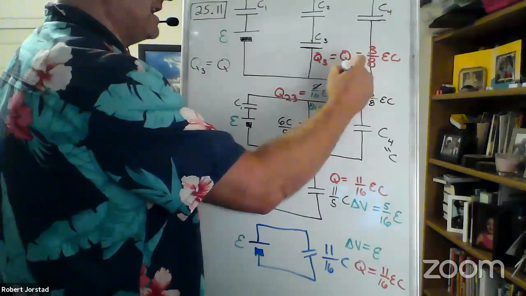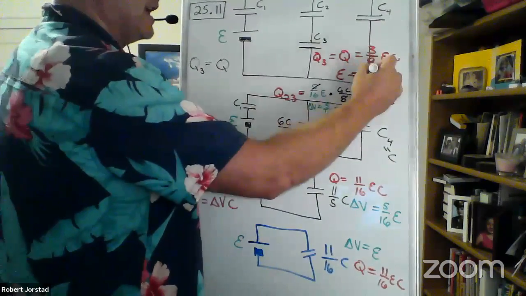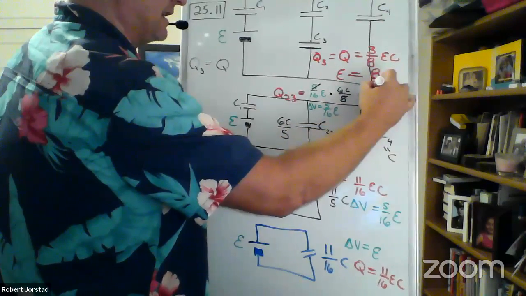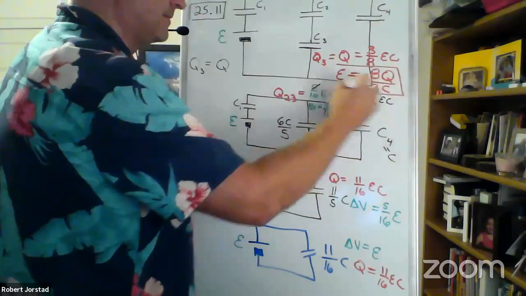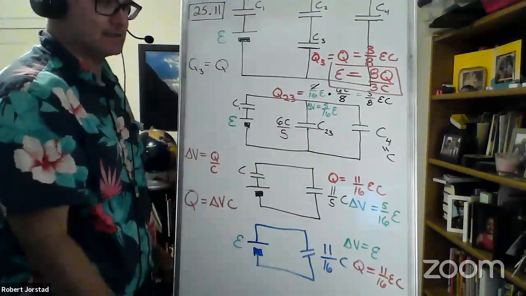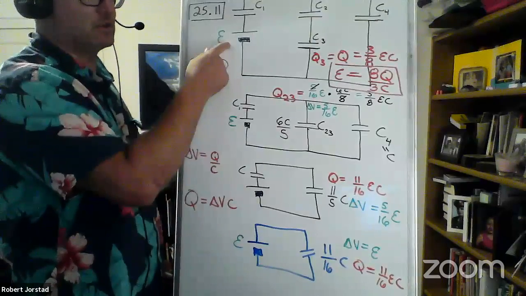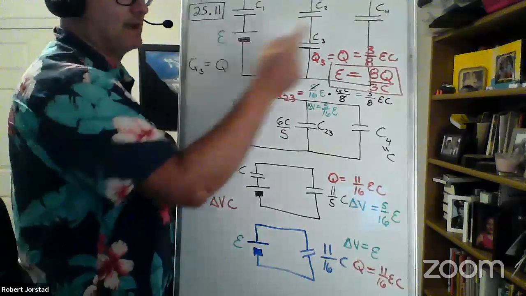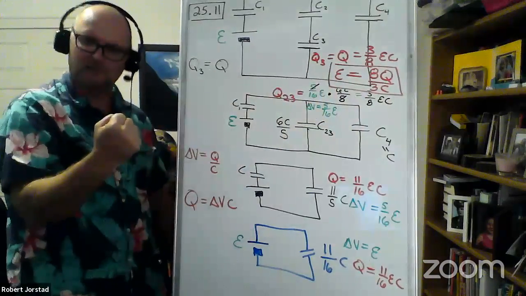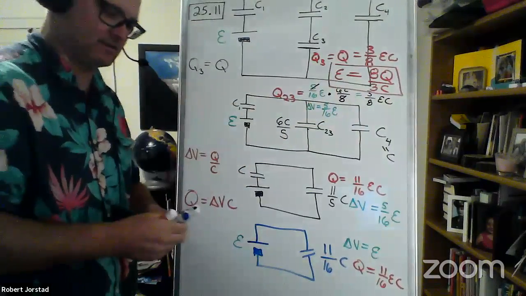I could see that E is equal to 8Q over 3C, and I'm done. Now if somebody gives me this apparatus and I need to figure out what voltage to apply, I'd say, if I want to have this much charge on there, I need this much battery. That's a slightly useful thing.